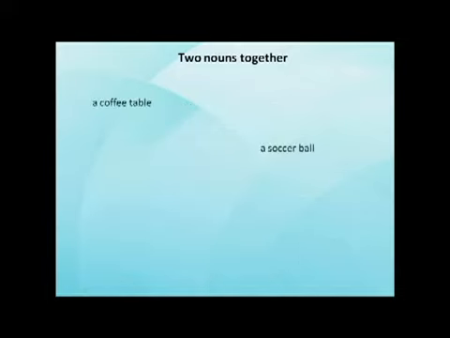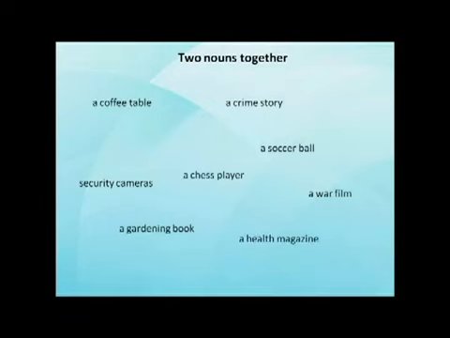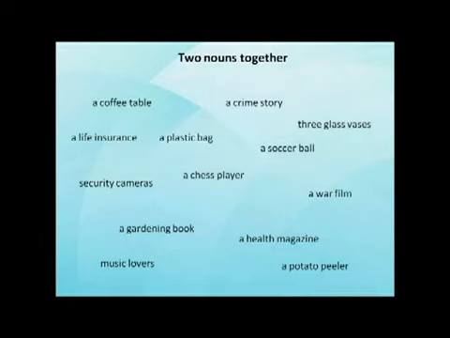A coffee table, soccer ball, una mesa para tomar café, una pelota de fútbol, security cameras, a war film, cámaras de seguridad, una película de guerra, a gardening book, a crime story, un libro de jardinería, una historia sobre delincuencia, crimen, a health magazine, a chess player, una revista de salud, un jugador de ajedrez, una jugadora de ajedrez, music lovers, a potato peeler, amantes de la música, un pelador de papas, life insurance, 3 glass vases, un seguro de vida, 3 jarrones de vidrio, a plastic bag, a paper cup, una bolsa plástica o bolsa de plástico, una tacita de estas para tomar café, son desechables.